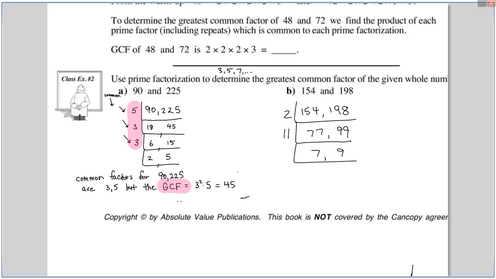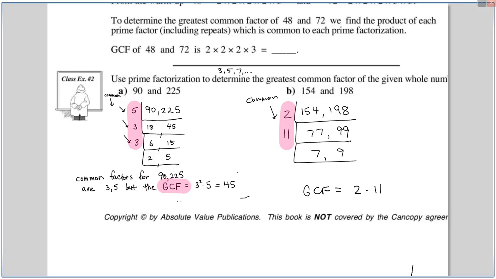Even though 9 can still be broken down further, we don't, because there's nothing in common between 7 and 9. So the common factors are on the left here, 2 and 11.